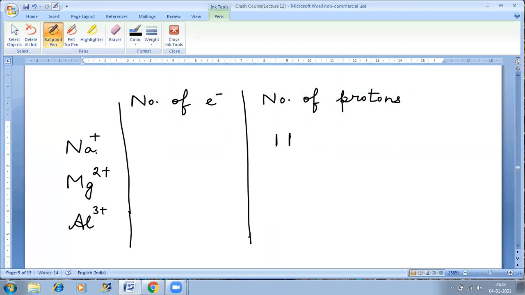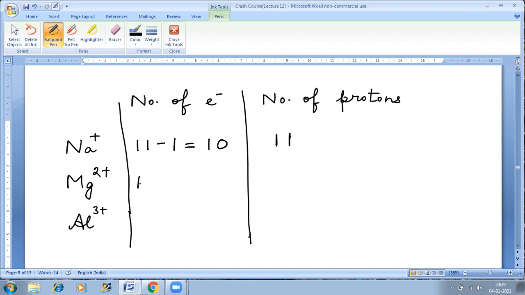This is a sodium ion because it has acquired a plus 1 charge, which means it has lost one electron. So the number of electrons becomes 11 minus 1. Initially 11 electrons, but once it loses one electron, it will be left with 10 electrons.